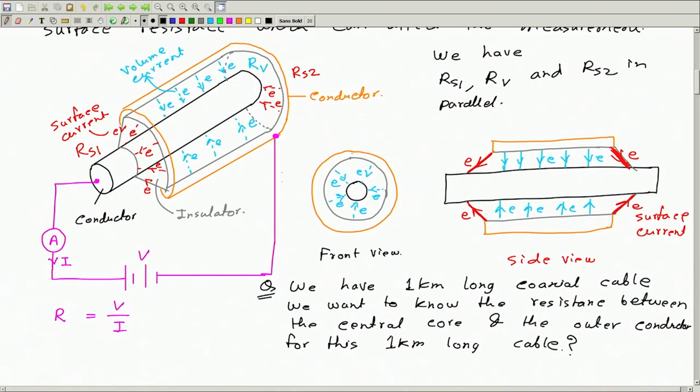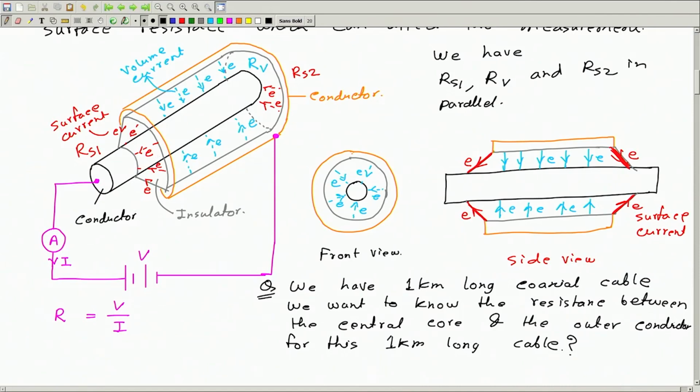We have to perform this experiment. We have to apply some voltage and measure the current. But we cannot do this experiment with a 1 kilometer long cable, because that will be a huge arrangement. So, maybe we do this experiment with say a 10 meter long cable, or maybe a 1 meter long cable.